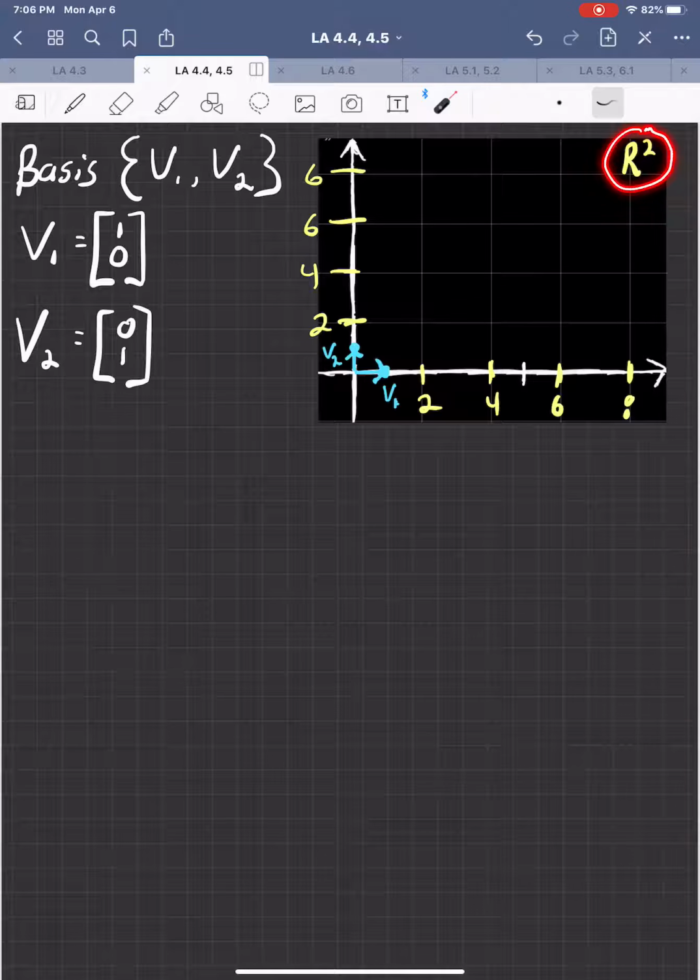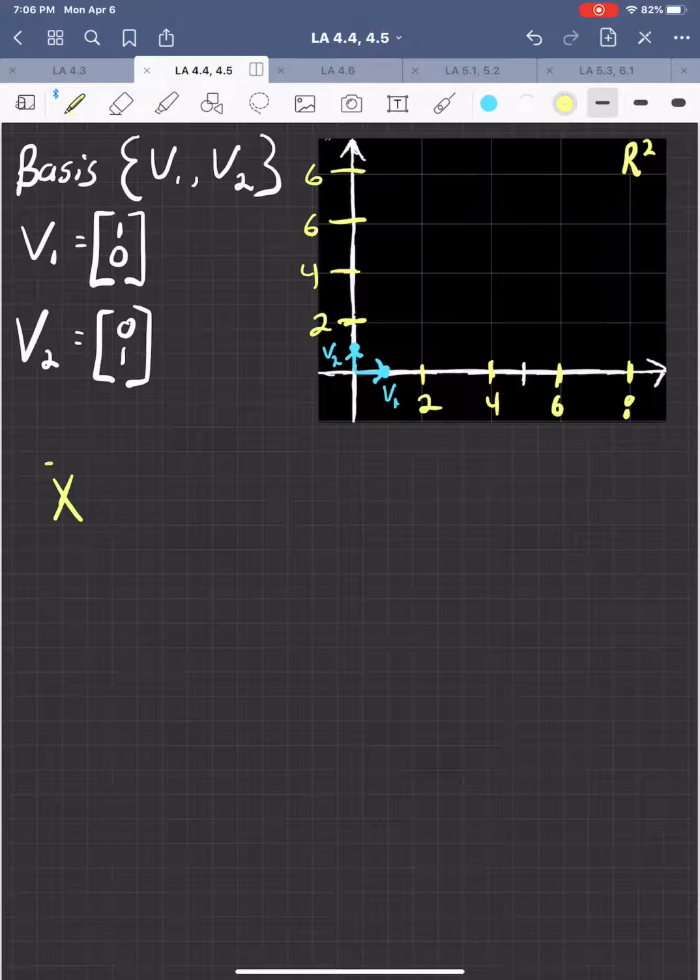We're going to come back to a couple of things, but as of right now, I'm going to give you a vector. Let's make it (5, 4).